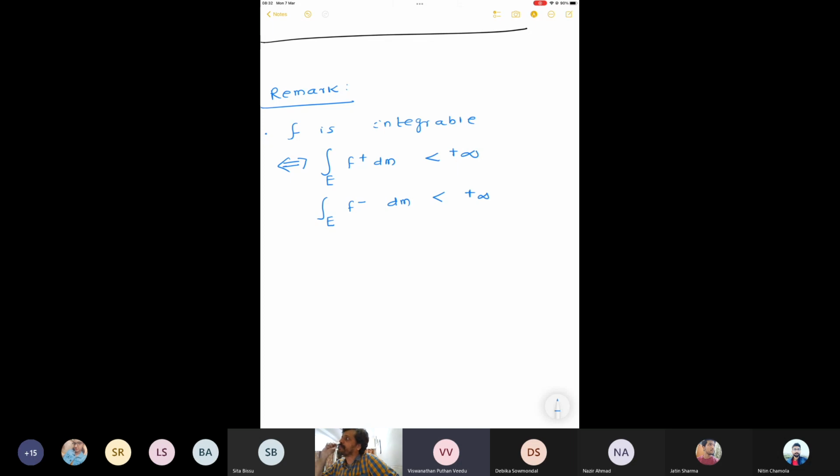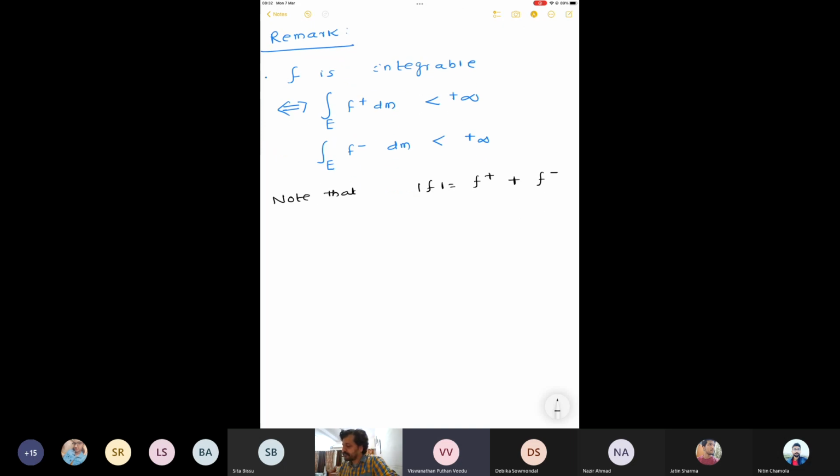Now what I want to say is the following. Please keep in mind what mod f was in terms of f plus and f minus. Note that mod f was f plus plus f minus. And keep in mind that f plus, f minus, mod f are all non-negative. Therefore, f plus is less than or equal to mod f. The negative part of f, namely f minus, is also less than or equal to mod f.